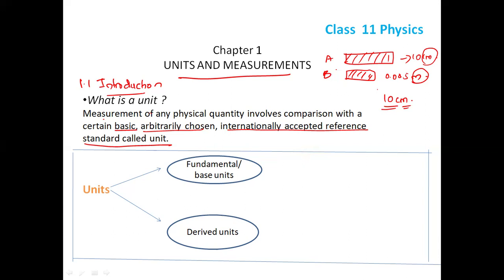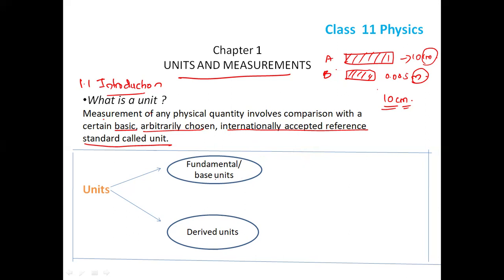The units are classified as fundamental or base units and derived units. Fundamental or base units means that there are some quantities through which you can specify all the other quantities.